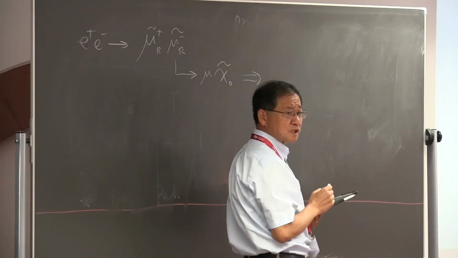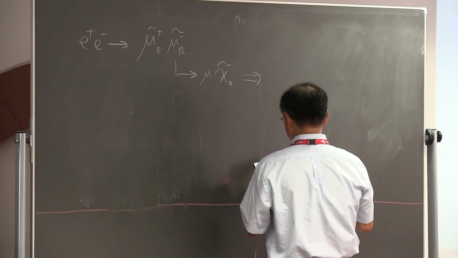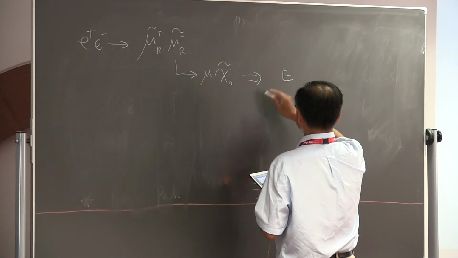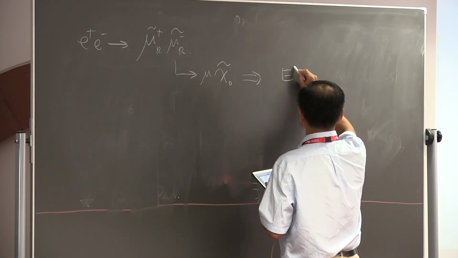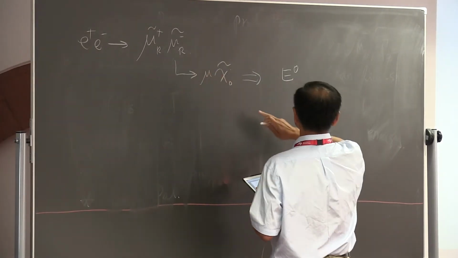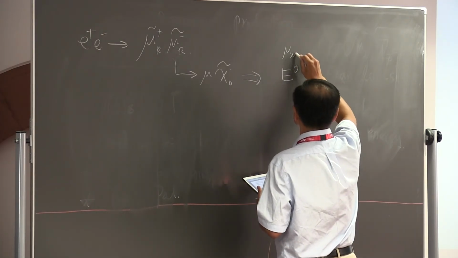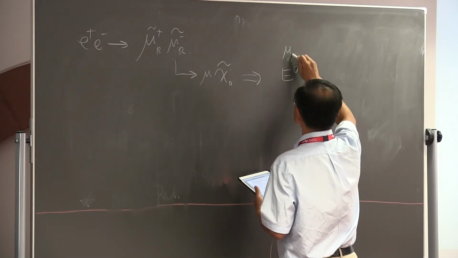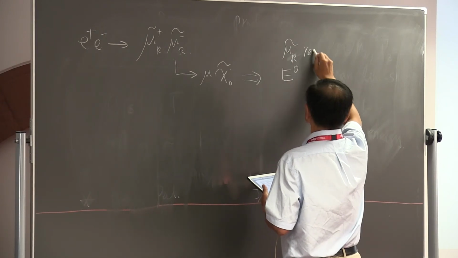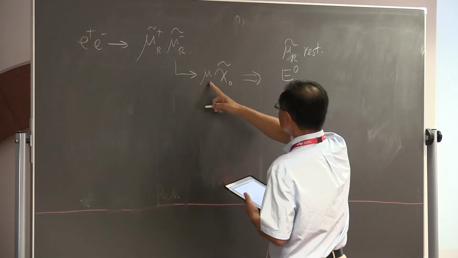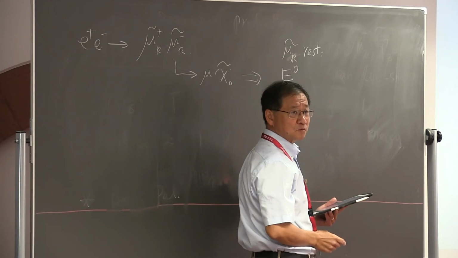Remember, I emphasized the two-body kinematics is so well defined. So two-body kinematics tells you that in the muon rest frame, the muon energy is monochromatic, well defined.